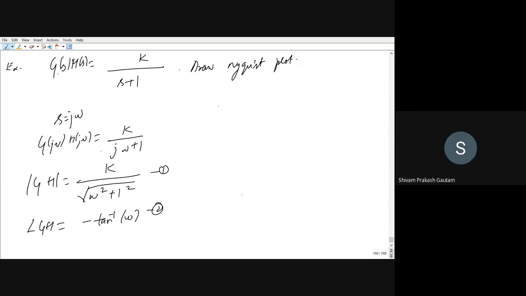Yes, sir. Okay. Now, from this, we can draw the polar plot as well, right? Now, we have to draw the Nyquist contour, which we have already seen. You can see this is the frequency at omega equal to j0. This is plus j infinity. This is minus j0.